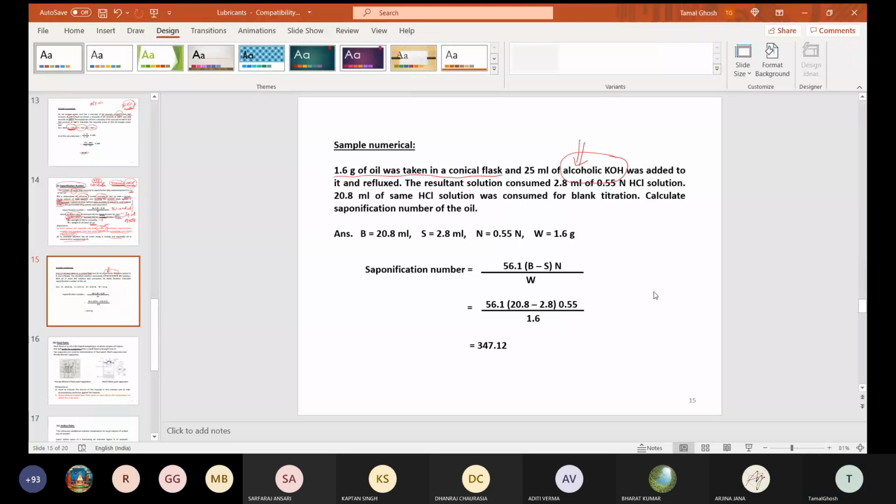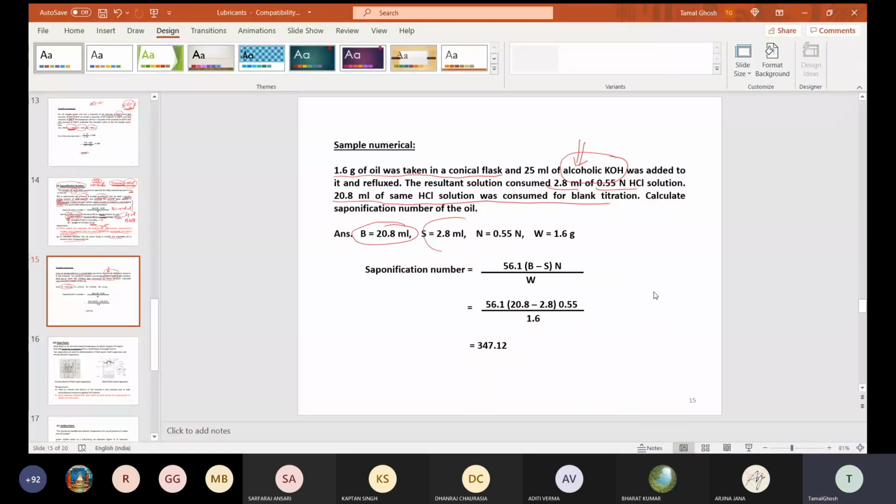Then the resultant solution consumed 2.8 ml of 0.55 normal HCl. And in the next line, 20.8 ml of the same HCl was used for blank titration. So you can understand our B value is 20.8, and the S value is 2.8.